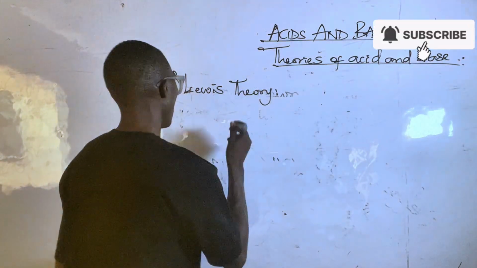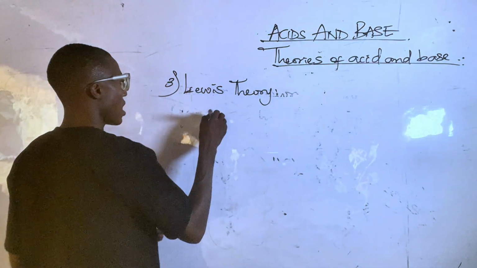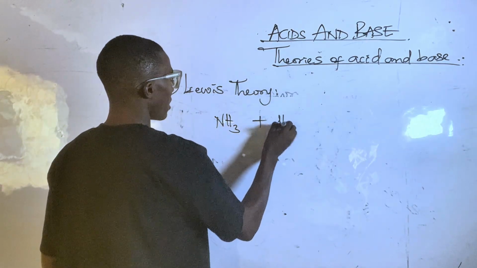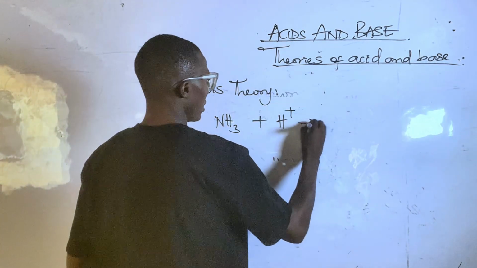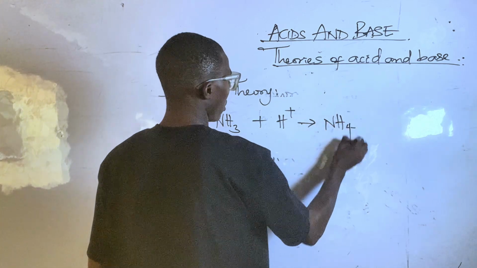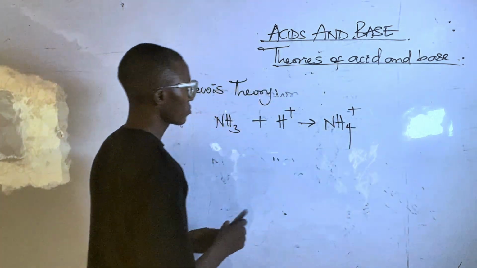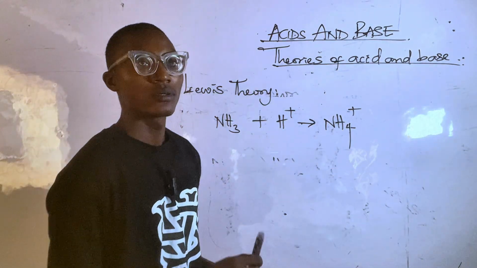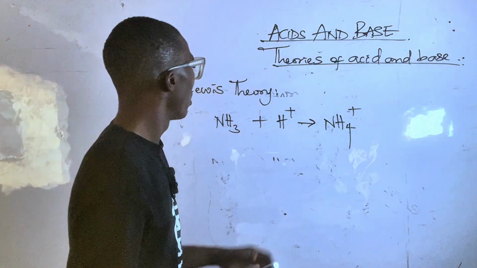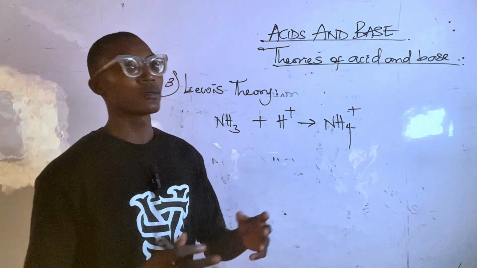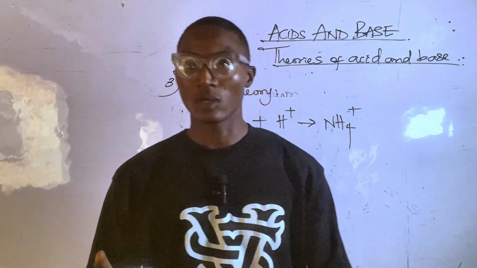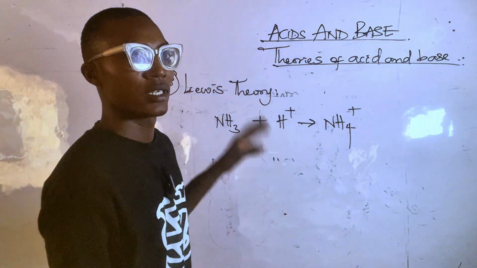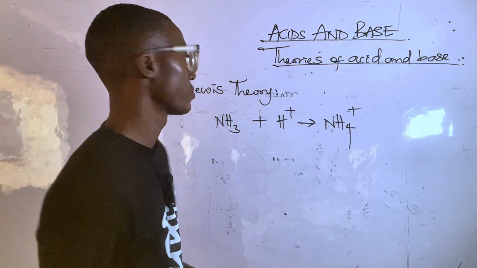Let us see, for example, the reaction between ammonia and hydrogen ion to give ammonium ion. Looking at this example, under bonding, I will still take another class on bonding, so you will have a proper understanding of the chemistry that is about to happen here.